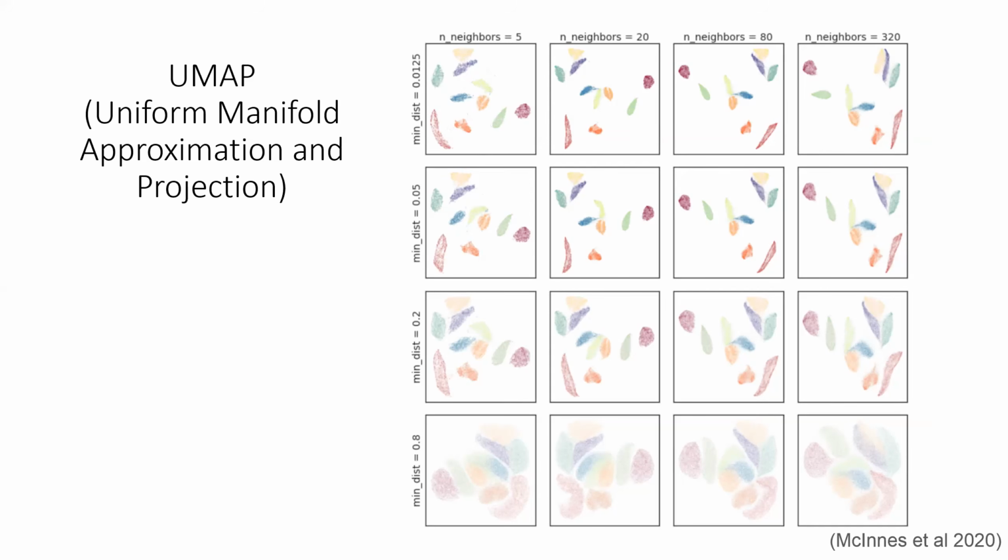Okay, so both of these tools have hyperparameters that are illustrated here. And these control kind of what the two-dimensional projection looks like. So across the columns of the graph, we are titrating the number of neighbors used in the UMAP projection. The number of neighbors informs the algorithm of how many neighbors you want to consider when attempting to approximate local neighborhoods.